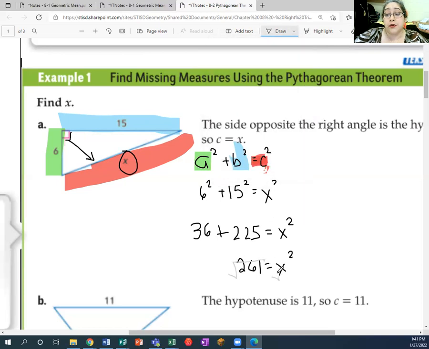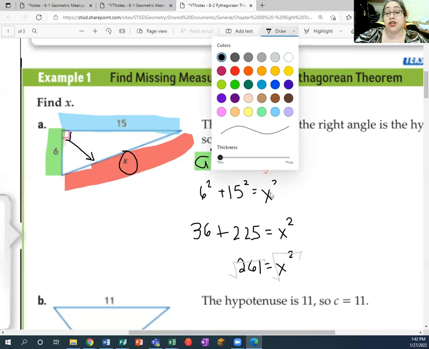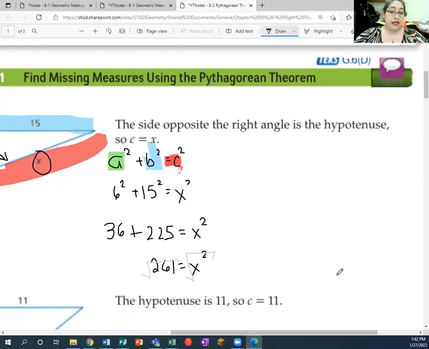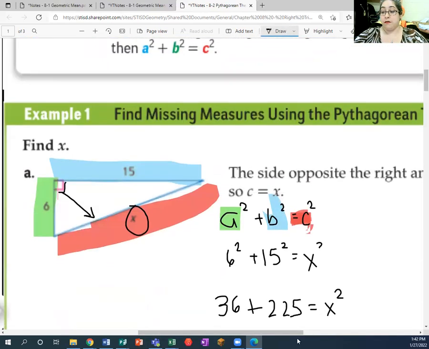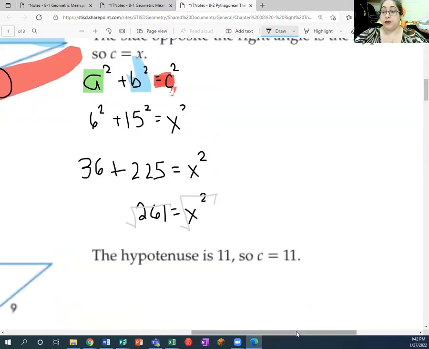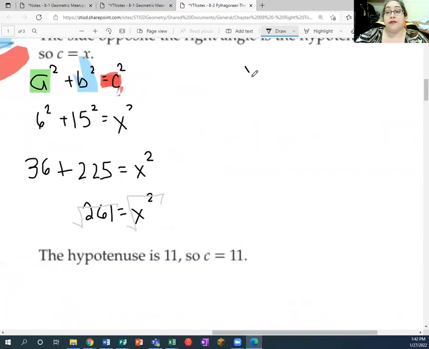So take the square root of both sides, this square root sitting right next to the square power. Those two will cancel each other out, and you're going to be left with just x when you take the square root of a square power. So x equals the square root of 261.